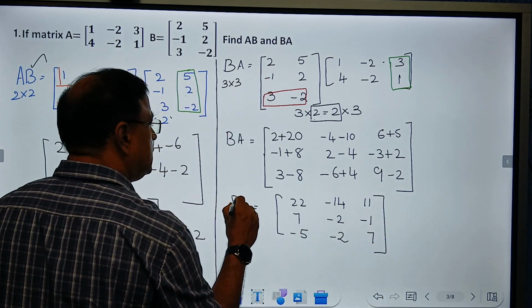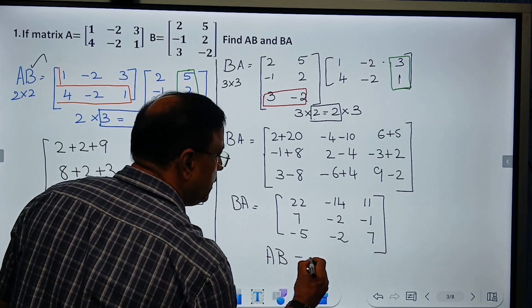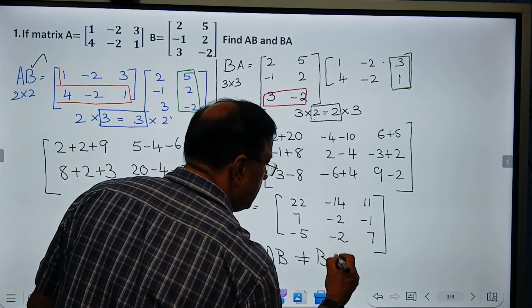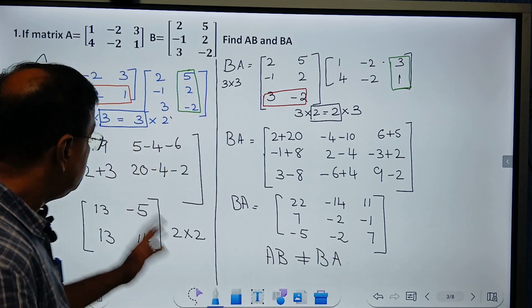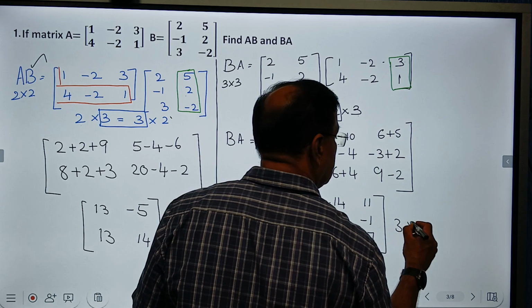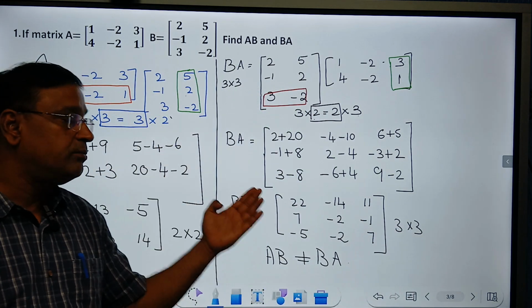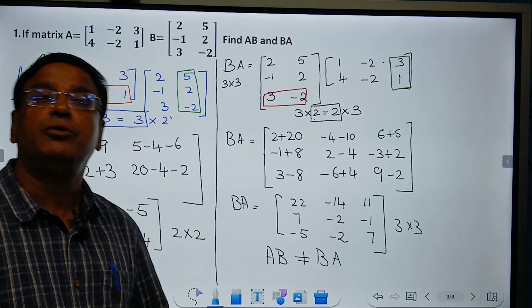And you can see clearly AB is not equal to BA. Even their orders are not equal. This is of order 3 by 3. This is of order 2 by 2. So matrix multiplication is not commutative.